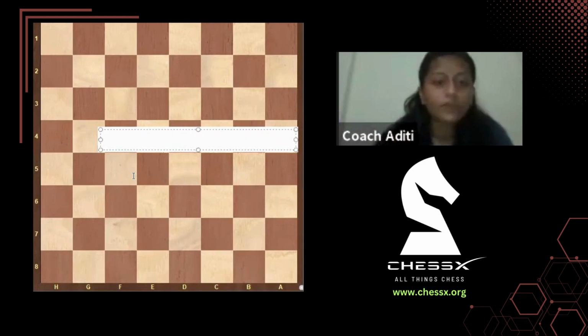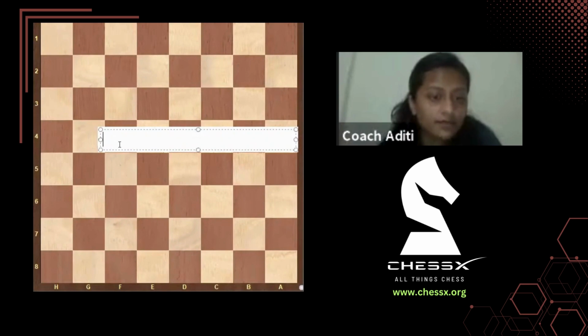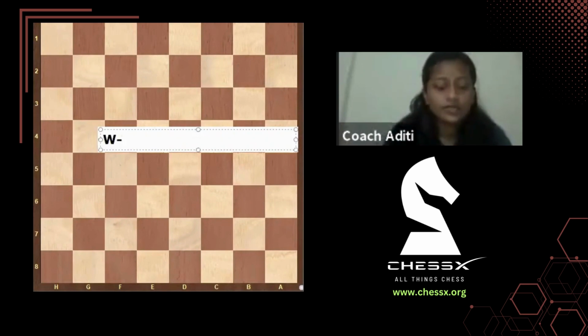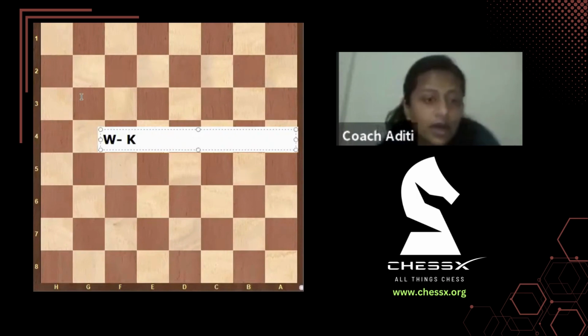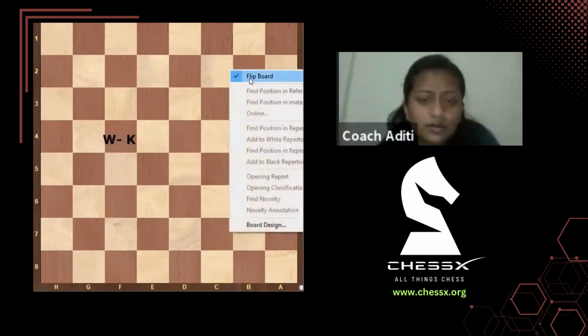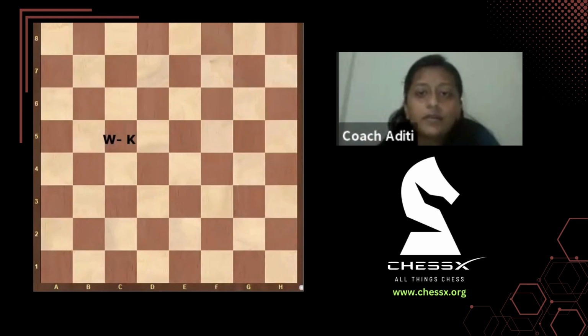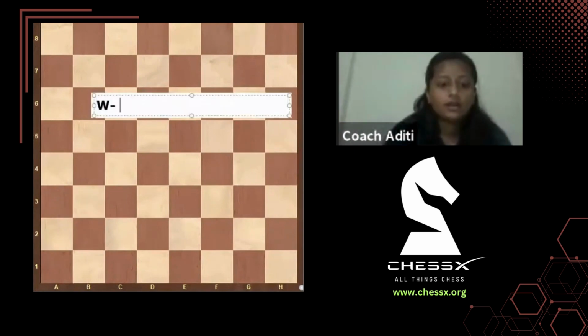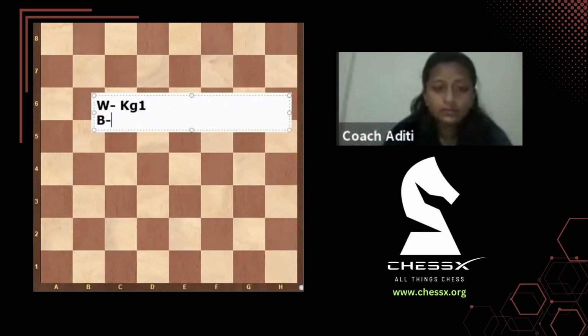Okay, so for white, see, for white it is king on, okay, I'll flip the board later. Let me just flip the board, it will be easier for you guys from the white side. Okay, I'm writing the position: white king g1, black king g8.